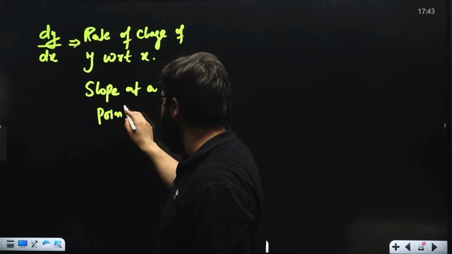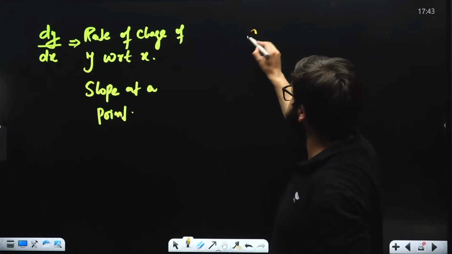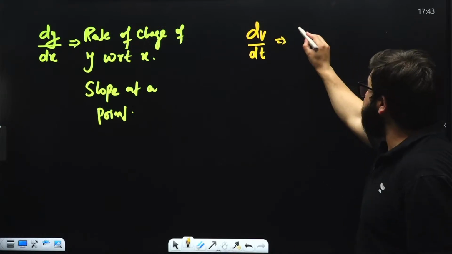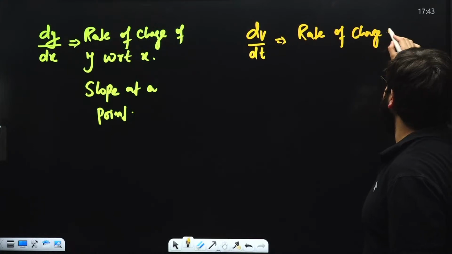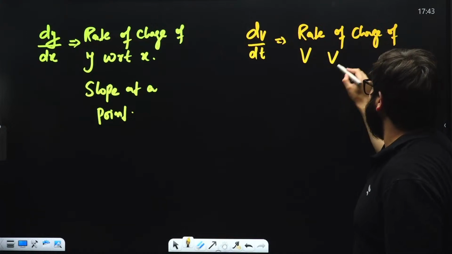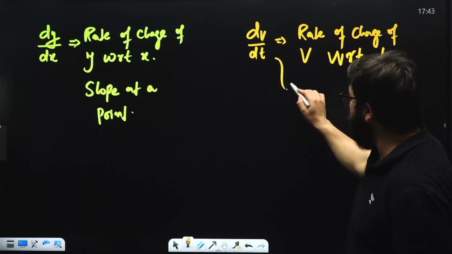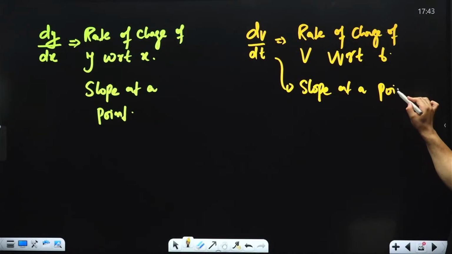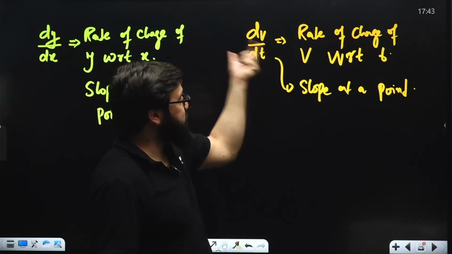Similarly, if we have dv divided by dt, we call it the rate of change of v with respect to t. And this is also called slope at a point. I hope you understood this.